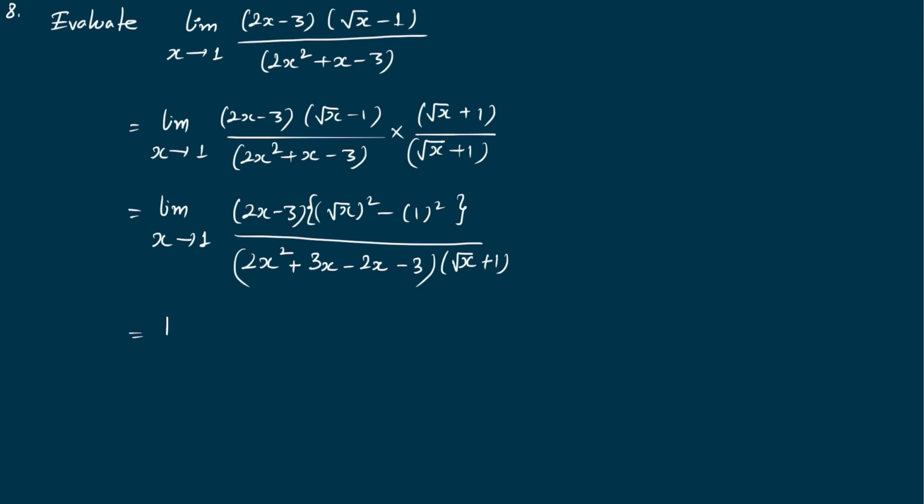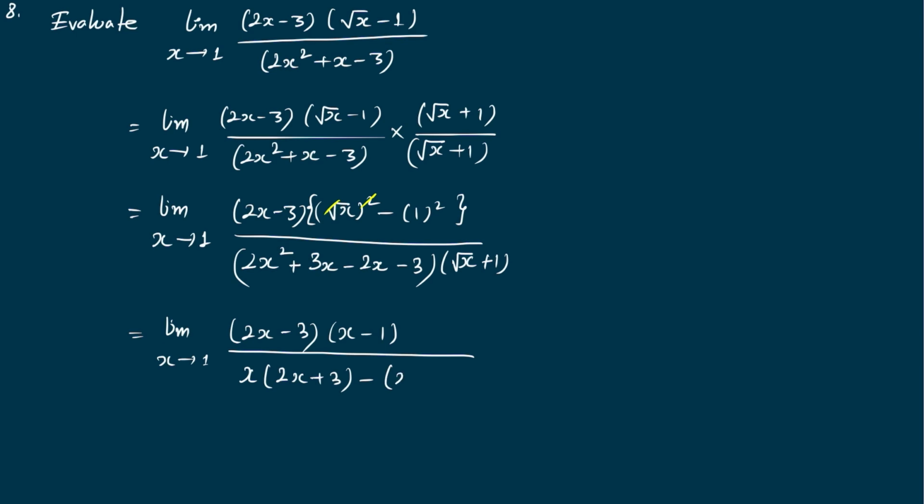So this will imply equals to limit x tends to 1 of (2x minus 3). As you can see here, root over x and the square root get cancelled, so it will be (x minus 1) whole divided by, here if I take x common, it will be (2x plus 3), and if I take a minus common, it will be (2x plus 3) into root over x plus 1.